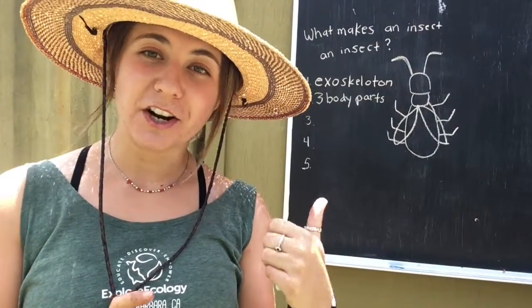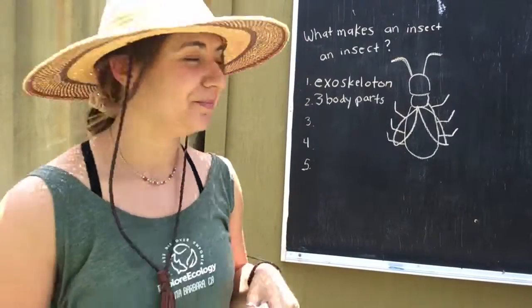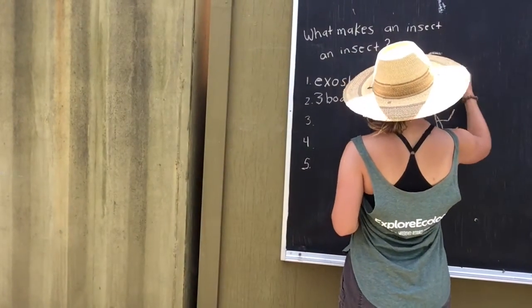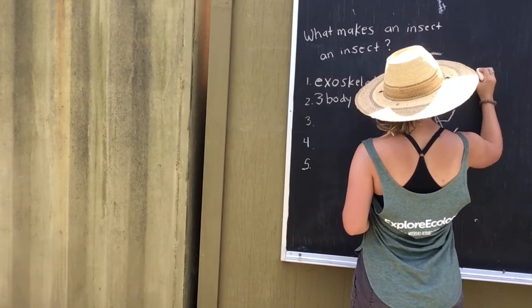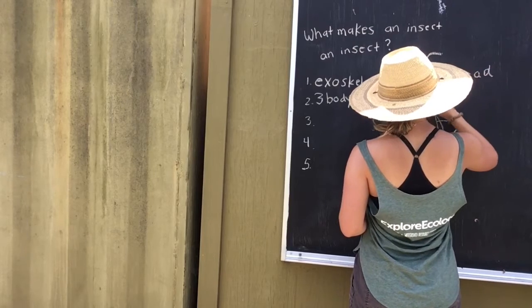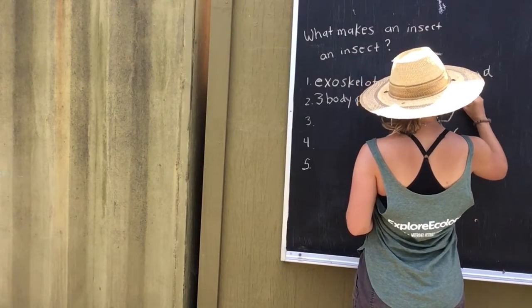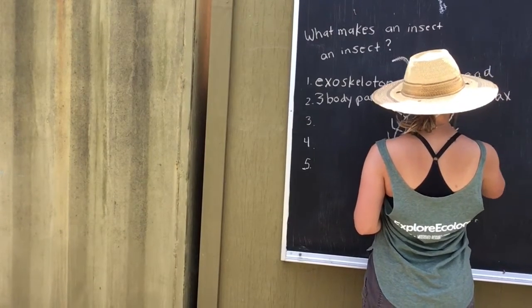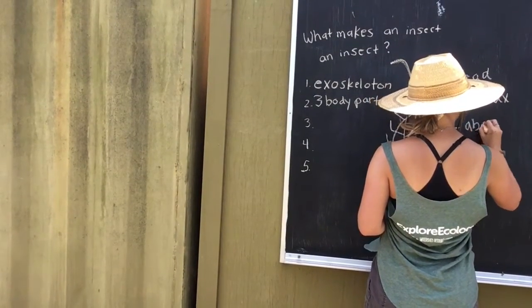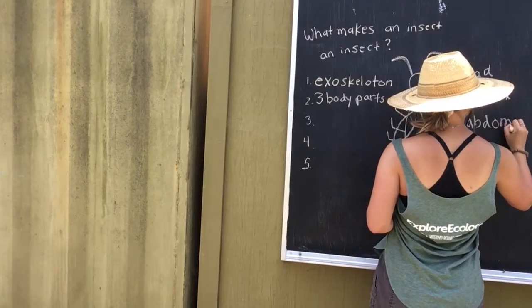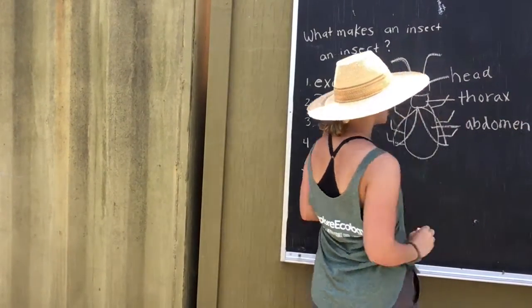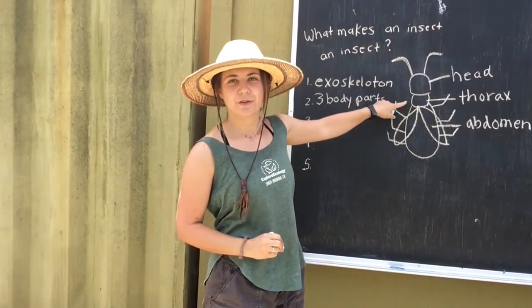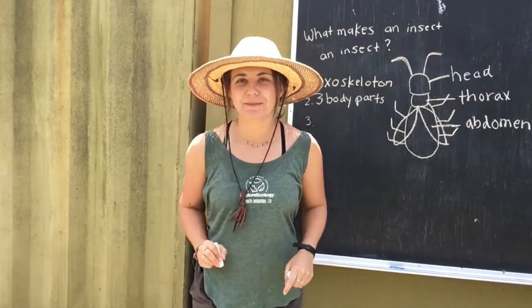I'm going to label them here on my bug, and why don't you do the same? Here's the head, the thorax, and the abdomen.